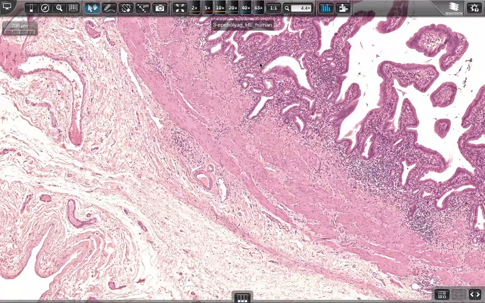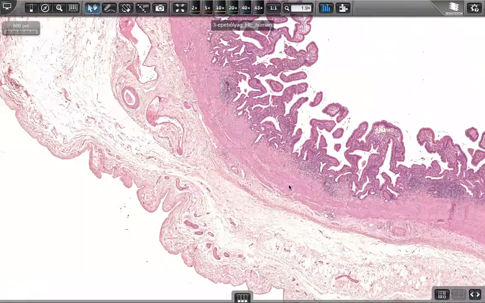So no muscularis mucosae, no submucosa, just lamina propria and muscularis externa are presented here.